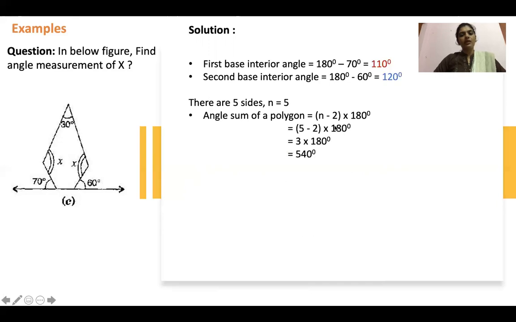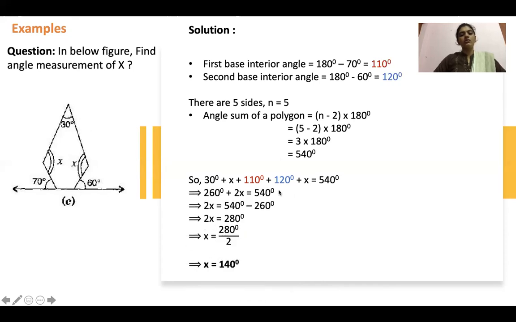If we put n equal to 5, as it has 5 sides, it becomes 3 into 180, that is 540. Since the sum of the interior angles is 540, if we add up all these angles, we get 30 plus x plus 110 plus 120 plus x is equal to 540.